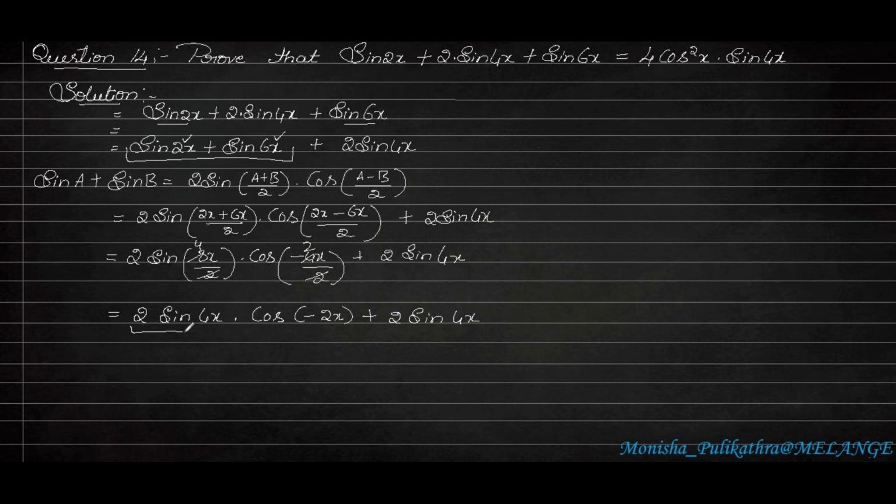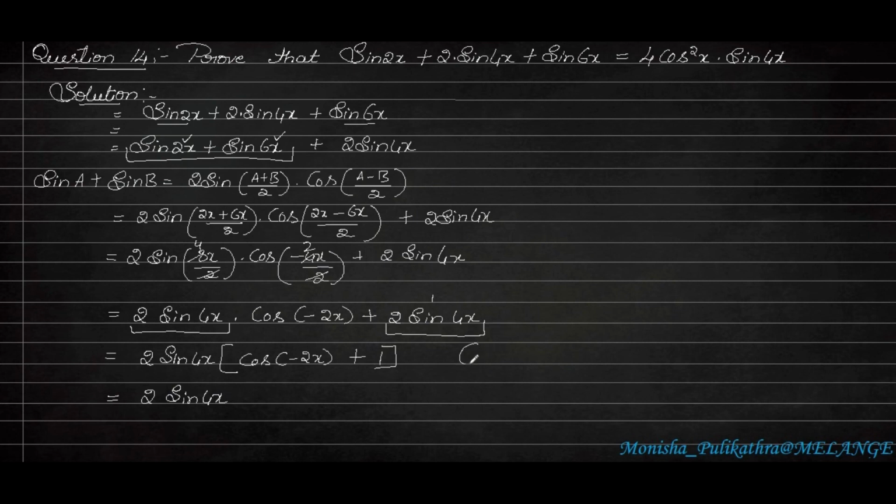Here 2 sin 4x and 2 sin 4x is common, so we can take 2 sin 4x common. When I take 2 sin 4x common, the remaining will be cos of minus 2x plus 1.